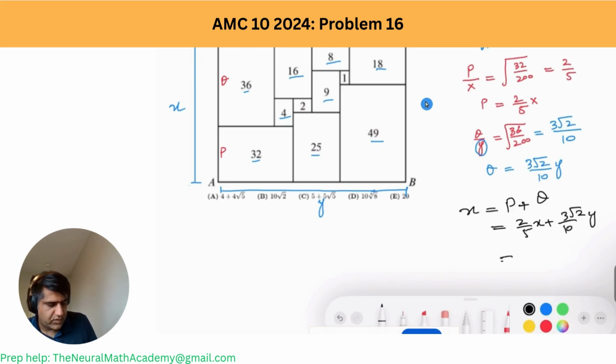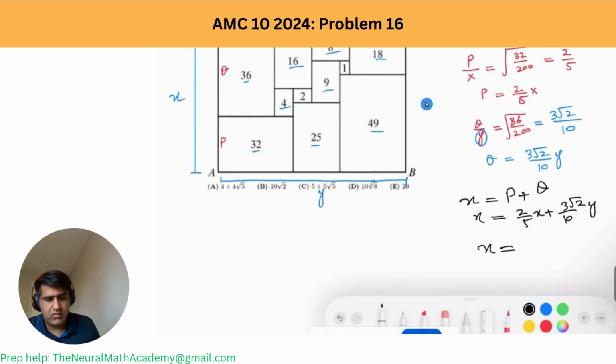So if we solve this and find the value of x, we will get y over square root of 2. I'm just skipping the step of solving this because it's simply algebra and I'm pretty sure you guys can do it yourself.